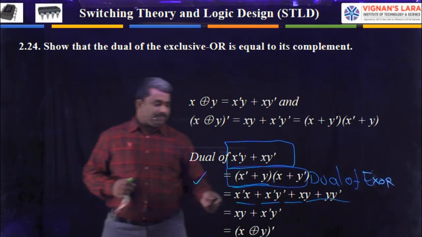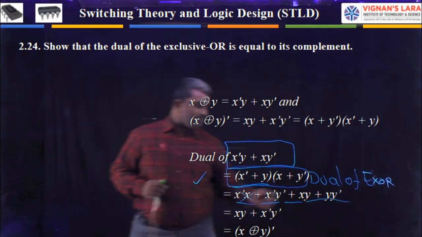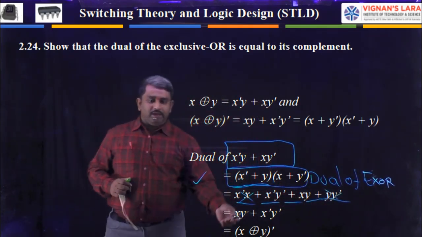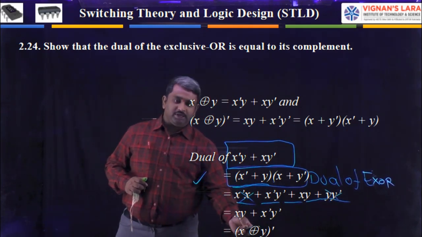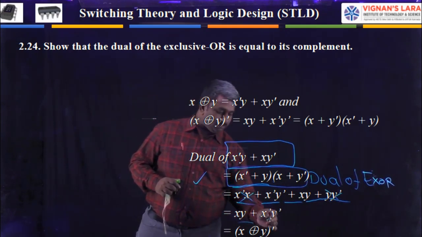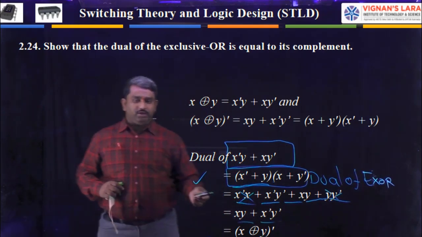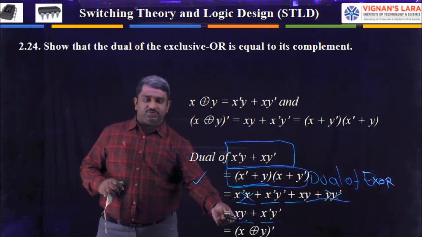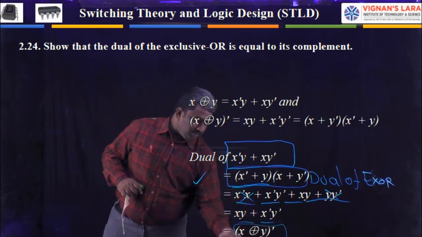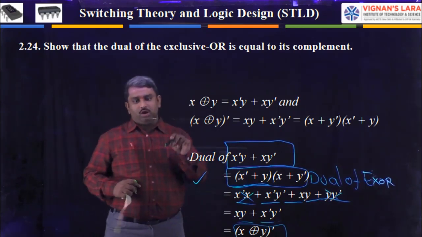Here X bar into X cancels, and Y into Y bar cancels. The remaining terms are XY plus X bar Y bar. Coming to the simplification, this function is equal to the XNOR function, finally represented as X exclusive-OR Y whole bar.